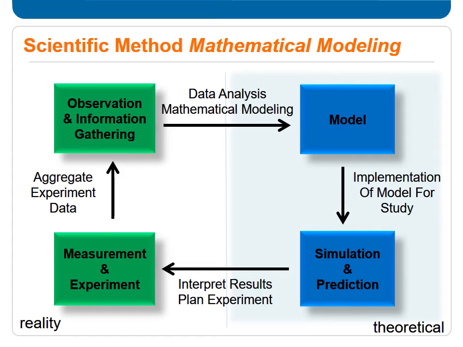These models are implemented in some simulation system to generate predictions about the real world. The simulation results are interpreted and used to plan an experiment through deductive reasoning. The experiment is conducted and data is taken during the experiment. Collectively, experimental data form an observation of reality, and the process begins again.